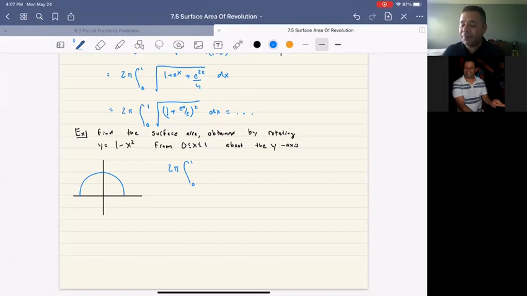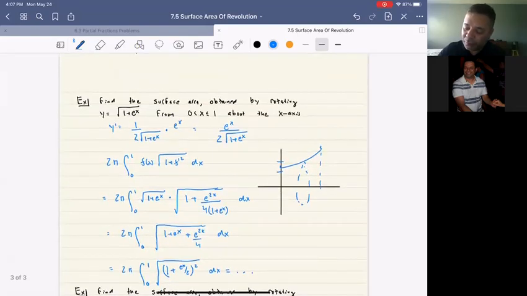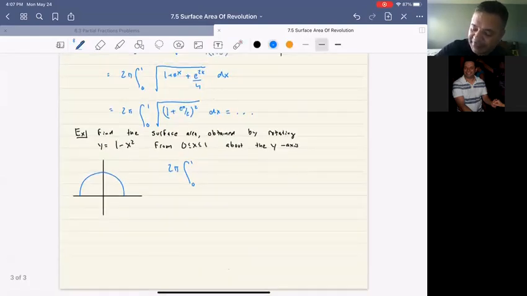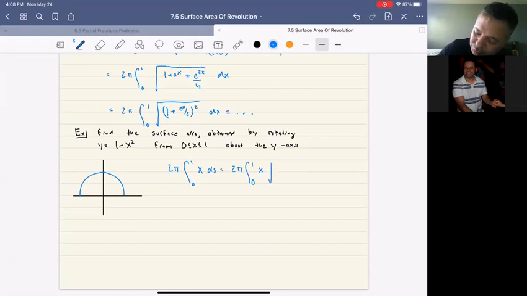Now instead of 2 pi f of x, it's going to be 2 pi x ds. And ds is still this square root of 1 plus f prime squared.